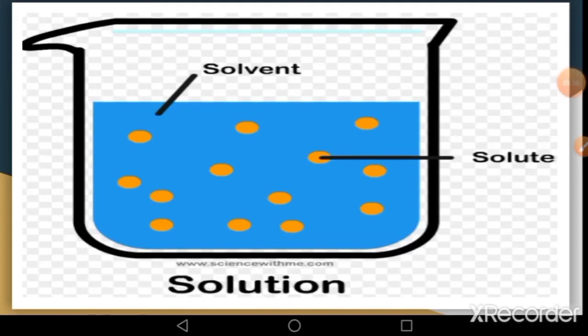A solution is formed when two or more substances mix together such that they are evenly distributed. The substance that dissolves is called the solute. The substance in which the solute dissolves, means mixes, is called the solvent.